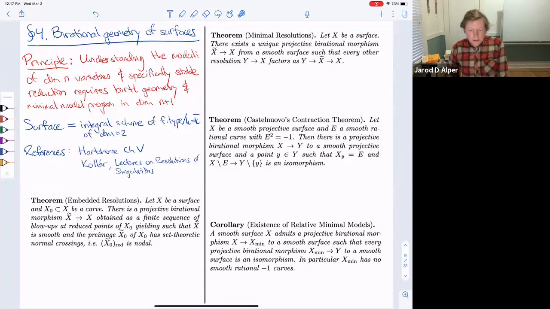You can read it. And some of the other nice facts to keep in mind, what we will use is that you can find minimal resolutions for surfaces, and that they're unique, and that given a surface, you can find a resolution of singularities, X tilde to X, such that every other resolution factors through it.